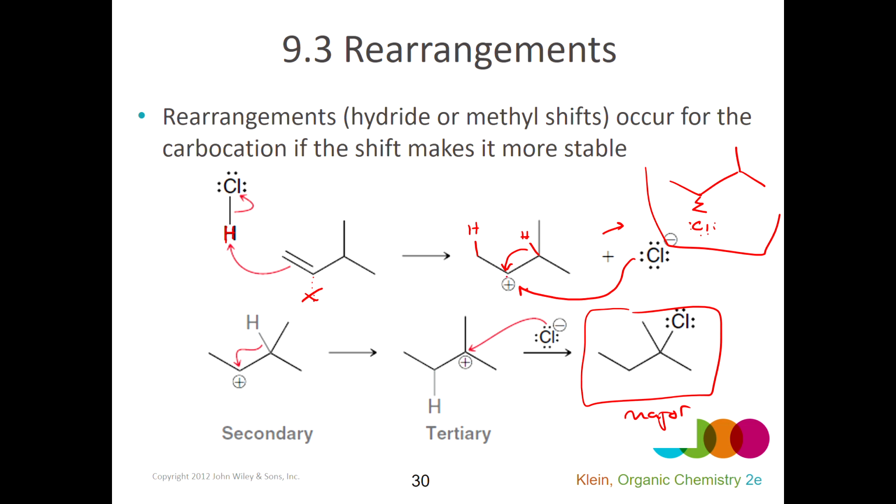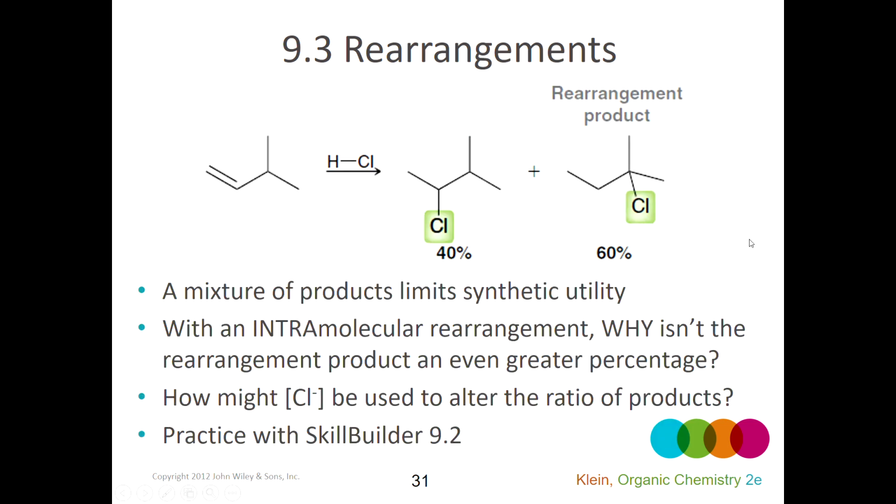So when this carbocation forms, I don't expect as much rearrangement as I normally would for a carbocation, because since the chloride's already in the area, it can collide and produce a significant amount of this minor product. So that is something that you see experimentally.